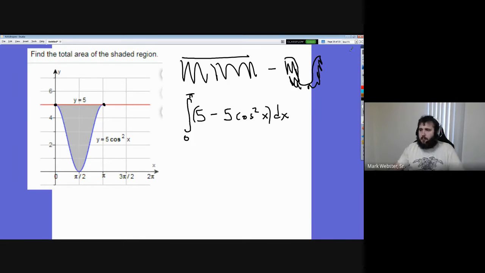And then the integral of cosine squared, what we probably should be doing is using a trig identity to make our lives easier.